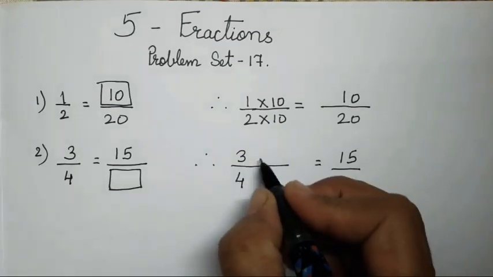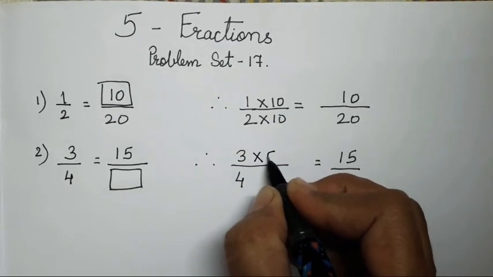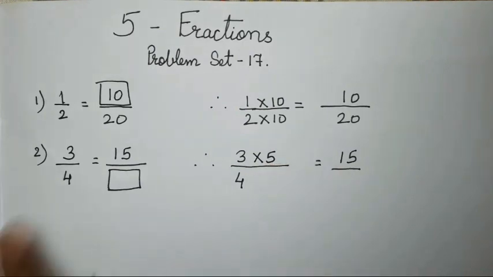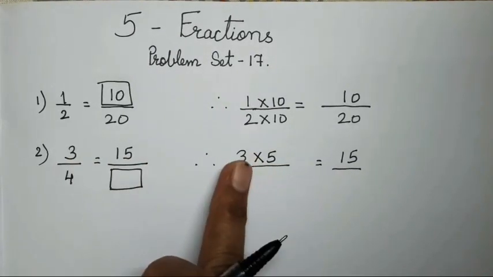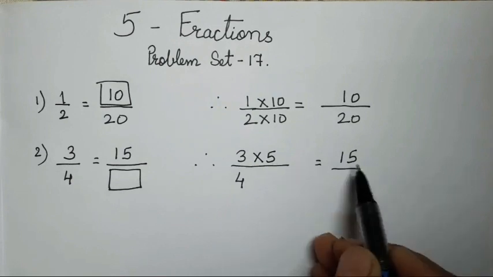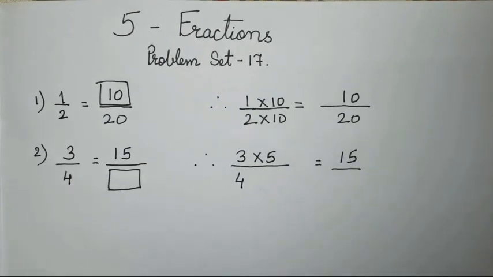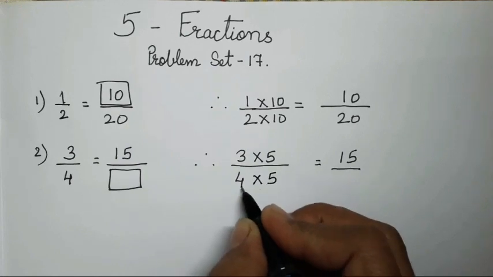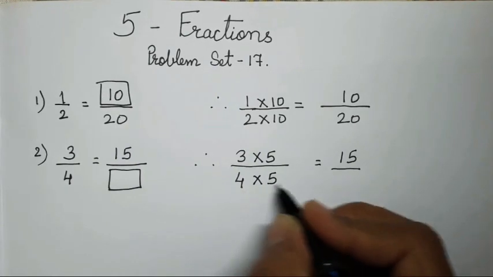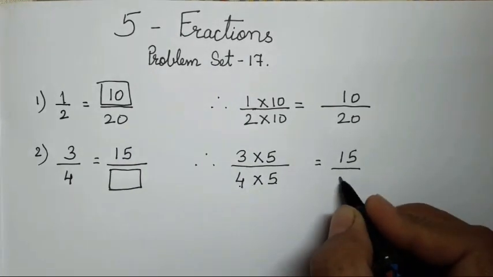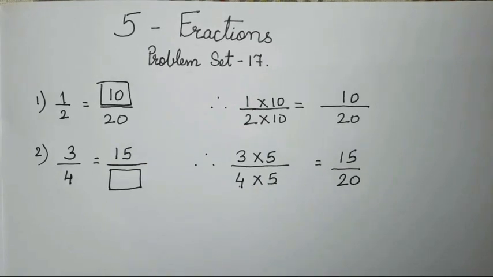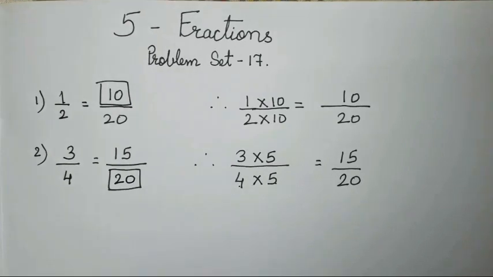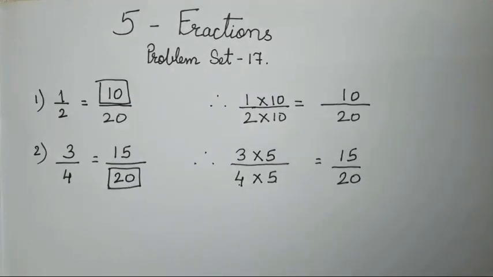So 3, if we multiply it with 5, 3 5s are 15, isn't it? 3 and 15 have been given. So if we multiply 3 with 5, your answer is going to be 15. That means you have to multiply the denominator 4 also with 5. So 5 4s are 20. So what is going to be the answer over here? 20. Got it?